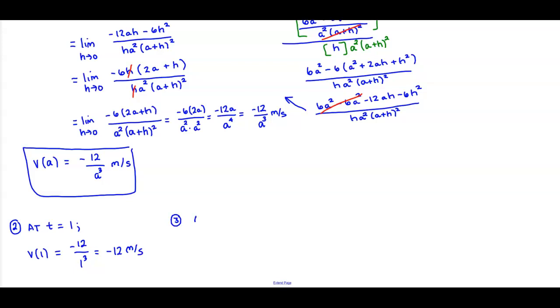Okay, at t = 2, we say v of 2 is now going to be negative 12 over 2 cubed, which is the same thing as negative 12 over 8, which is then negative 3 over 2 meters per second.